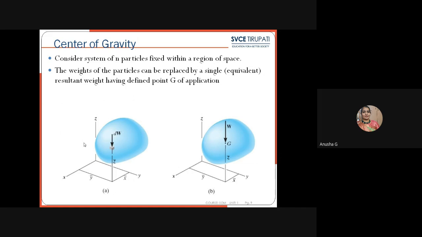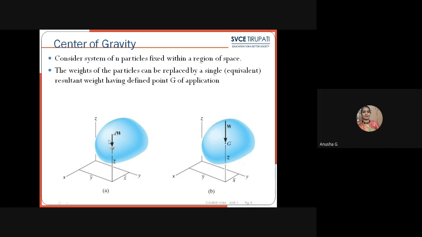And then here you can see the centroid, center of gravity. Here we are considering a system of n particles which are fixed within one region of a plane. The weights of the particles can be represented by a single equivalent resultant weight, which has a definite centroid, that will be z. The total will act towards the downward direction.